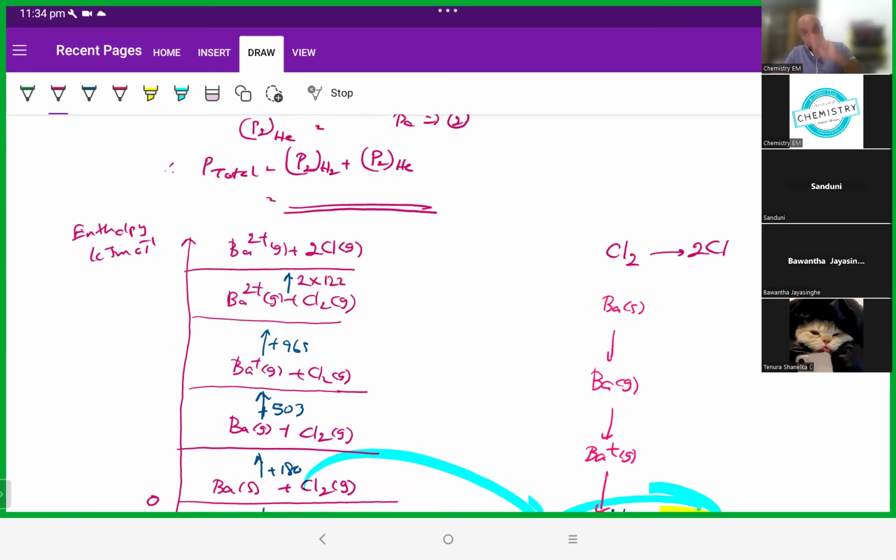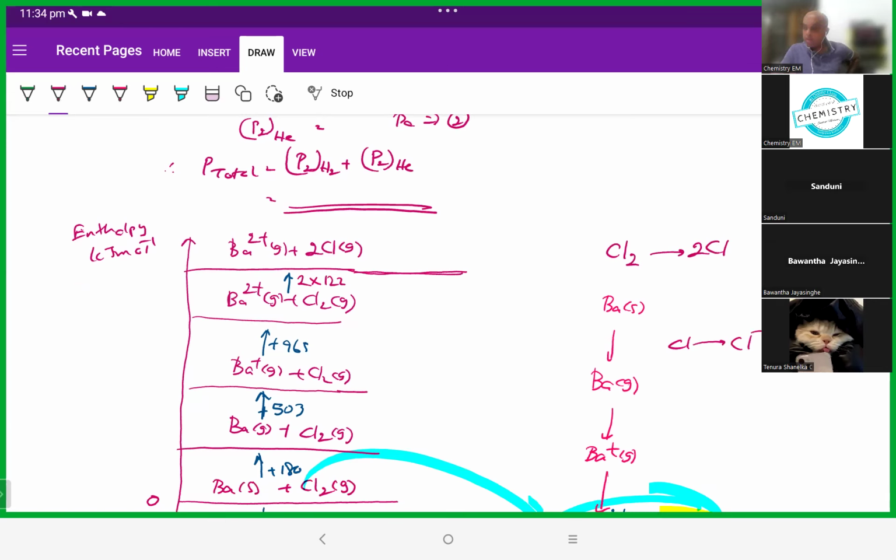Then electron affinity, right? Usually, what do you think? Is the chlorine electron affinity a negative value or a positive value? Electron affinity means Cl converts into Cl minus ions.